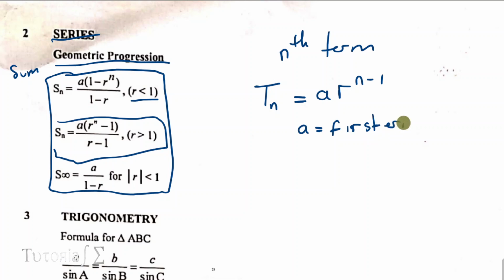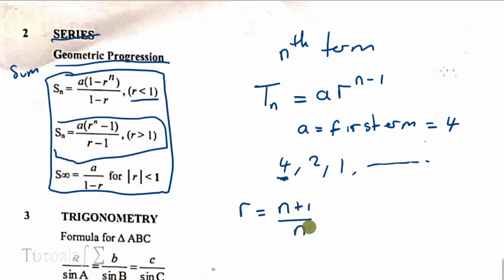For instance, in our series 4, 2, 1, and so on and so forth, the first term in this case is 4. Then r is the common ratio, and how you find the common ratio is the next term divided by the preceding term.